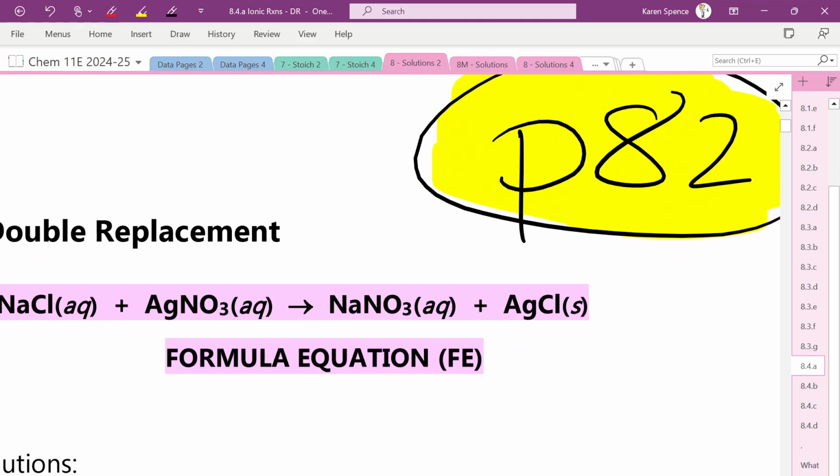This is on page 82. Because we have written the formulas, this is what we call the formula equation. And because that's a long thing to write, we can just write FE, formula equation.